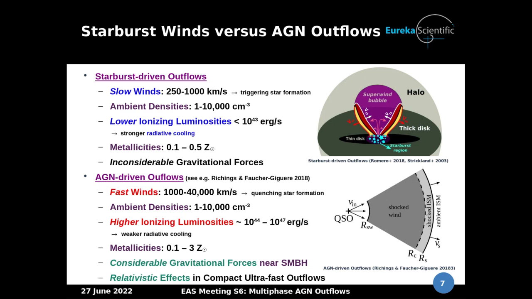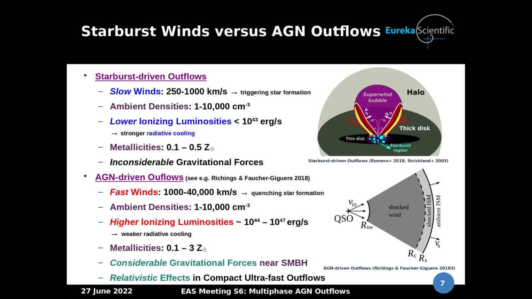However, in AGN-driven outflow, we have fast winds. As the wind becomes faster, it quenches star formation because of the formation of high temperature.